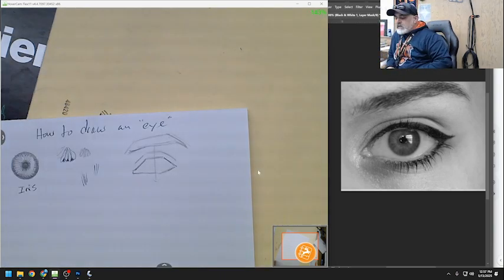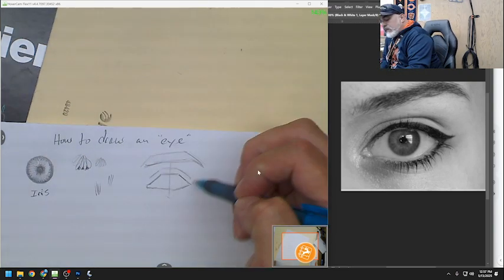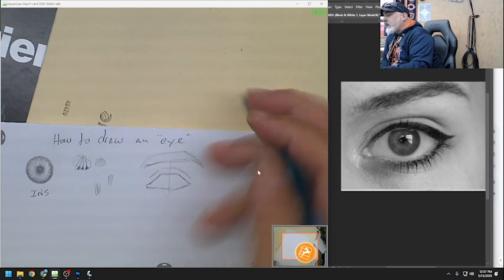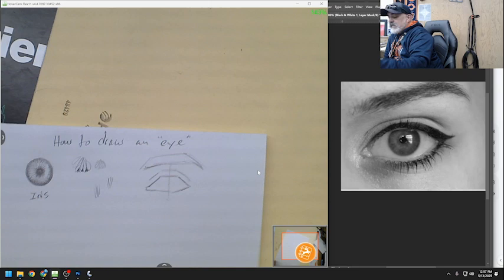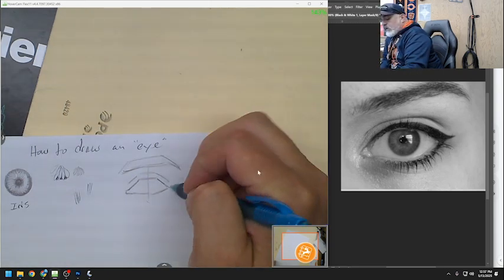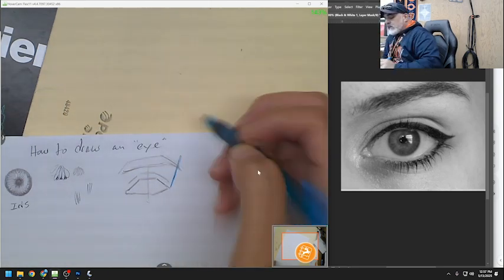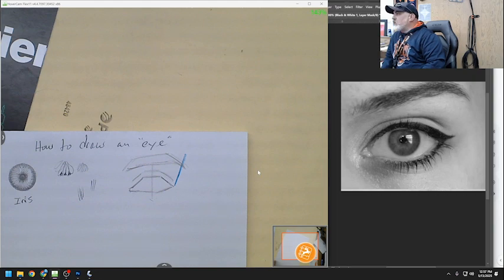And here's the mistake people make when drawing an eyebrow. The eyebrow angle is not a 90-degree angle, okay? But it's about 80 to 75 from the corner of the eye. Okay, that's about the angle you're going to see.